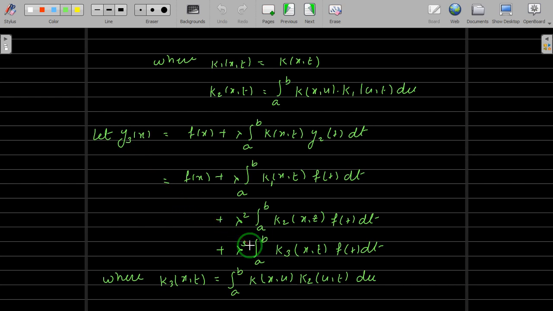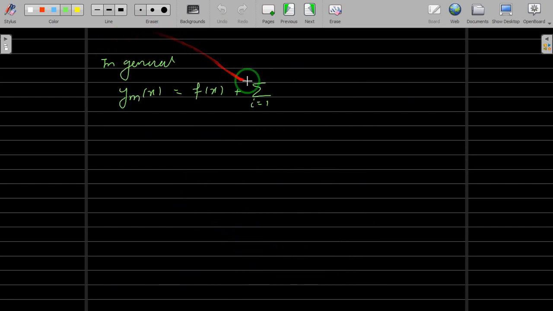For y3 of x you have lambda cube, so 1 to m, lambda raised to m, not m, it should be lambda raised to these variables i, and then you have these integrals a to b k_i of x comma t f(t) dt. So for y2 you have two integrals, for y3 you have three integrals, for y10 you will have 10 integrals.